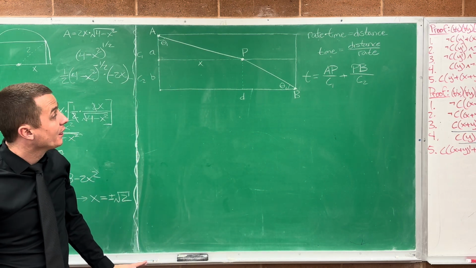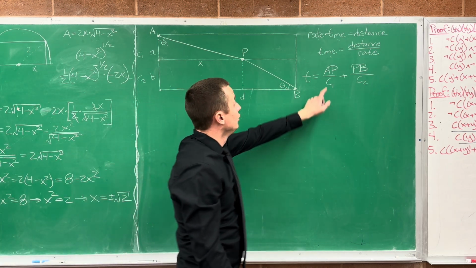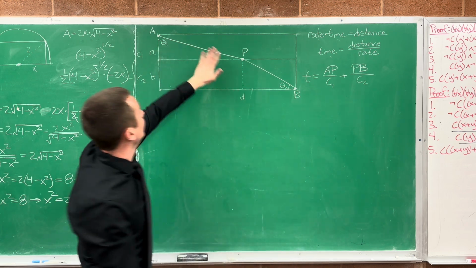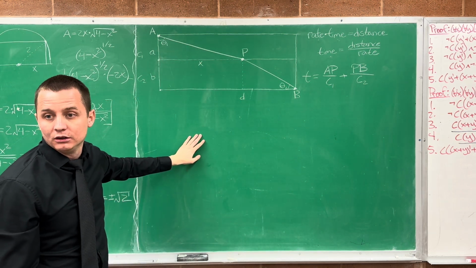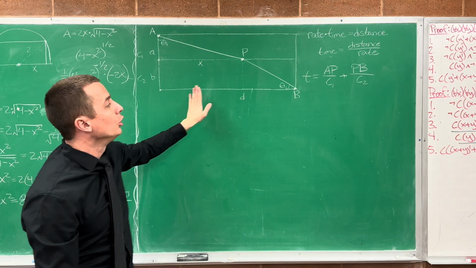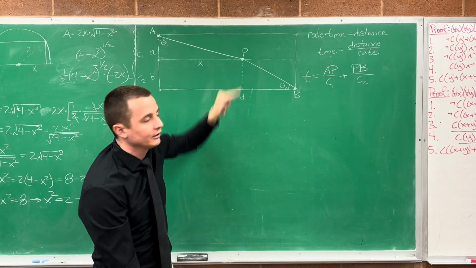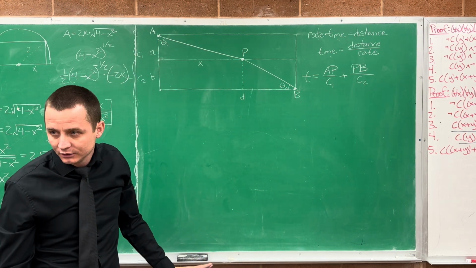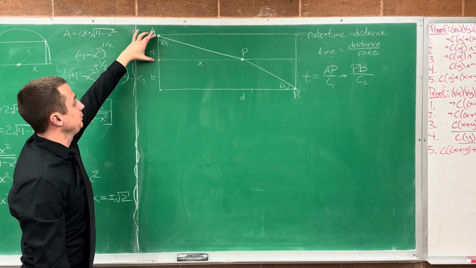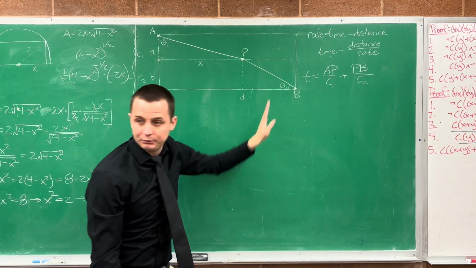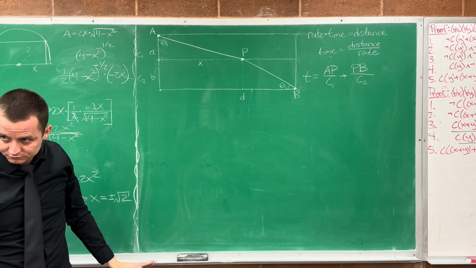Okay. So now let's write AP in terms of all our variables here. Because ultimately we want this to just be a function in terms of X. X is how far in I should put that point P to minimize the time. Little a is going to be a constant, little b is going to be a constant, little d is going to be a constant. They're not variables.